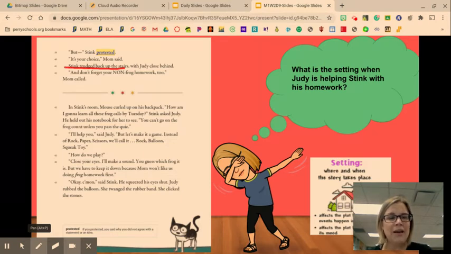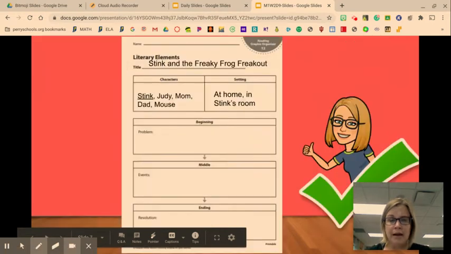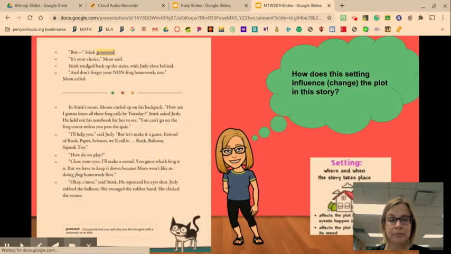But then if I read a little bit further, it says right here, in Stink's room. So we know that Stink went upstairs to his bedroom, and that's where him and Judy are working on his homework and trying to remember all of the frog calls. And as I'm putting that in, I know that my setting is going to be at home in Stink's room.